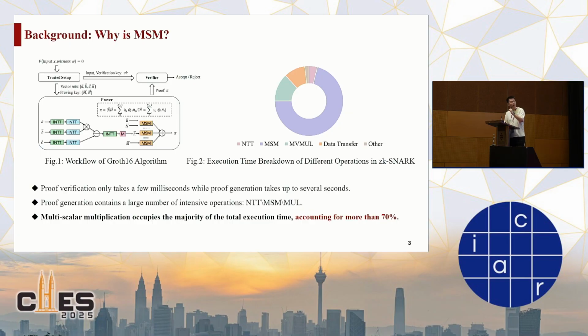And we can see there are 3 main operations: number theoretic transform, multiscalar multiplication, and matrix multiplication. And these operations account for different amounts of time, and the multiscalar multiplication accounts for the majority of the total time, more than 70%.